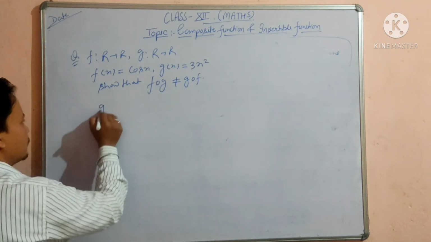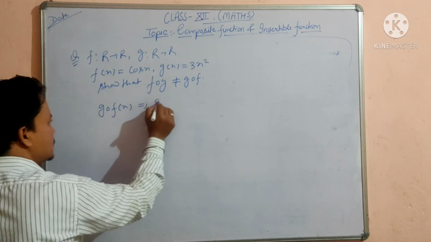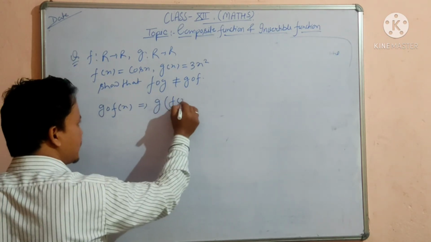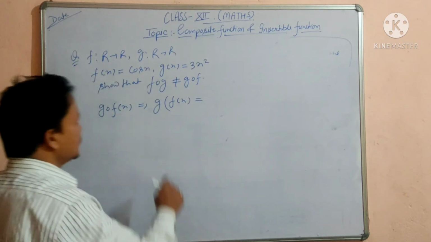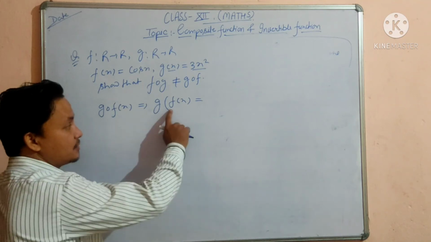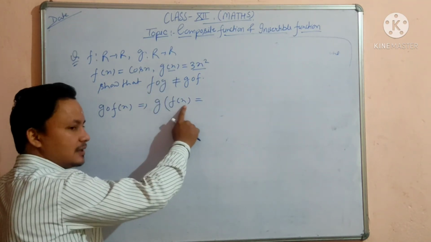First we will find GOF. GOF of x: this O will be replaced with a bracket, so g of f(x). Now see, since g(x) is equal to 3x square, what will be g of f(x)? We find it by replacing this x with f(x).